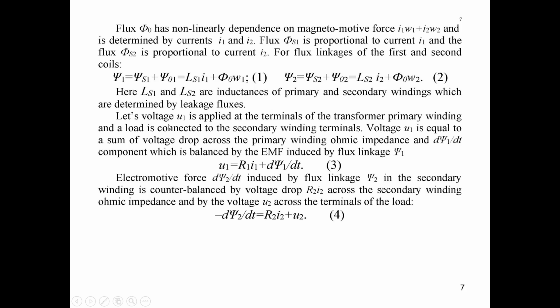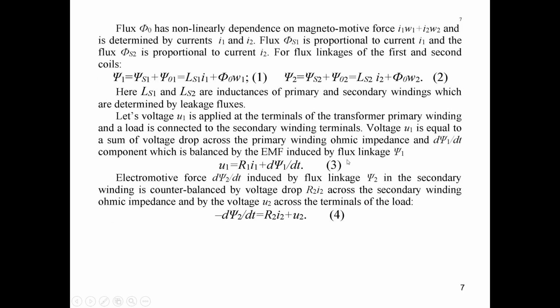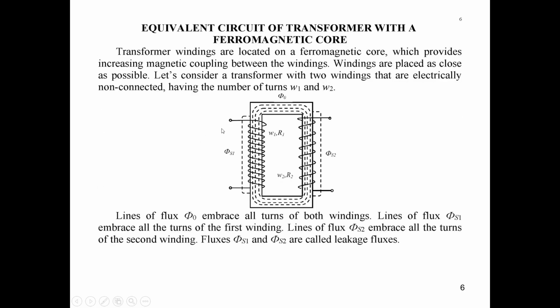Let's consider that voltage U1 is applied to the terminals of the primary winding. As at all times, we apply voltage to the primary winding and connect a load to the secondary winding.